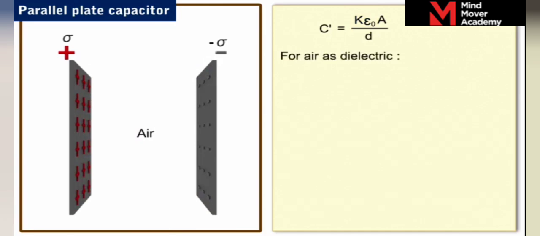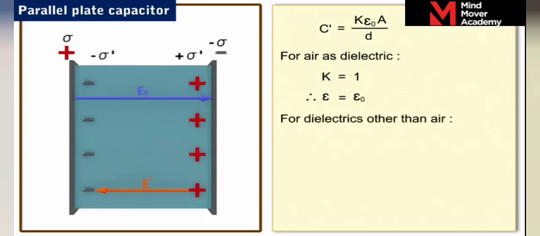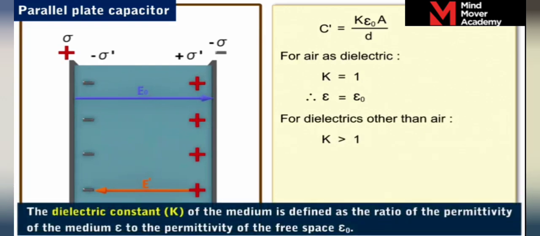For air, the dielectric constant K is equal to 1. Hence, we have epsilon equal to epsilon naught for air. For dielectrics other than air, we have the dielectric constant K greater than 1. The dielectric constant K of the medium is defined as the ratio of the permittivity of the medium epsilon to the permittivity of the free space epsilon naught.